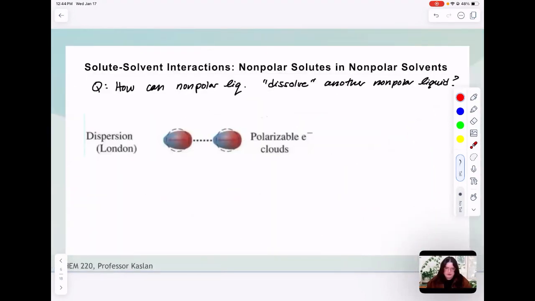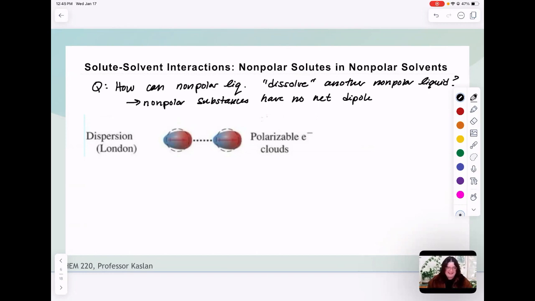Now, when you hear nonpolar, you're probably thinking no charge. And you're right. Nonpolar substances have no net dipole across the molecule.